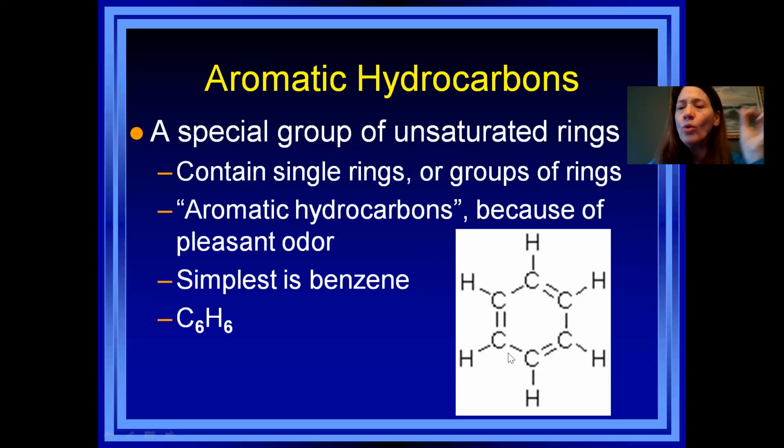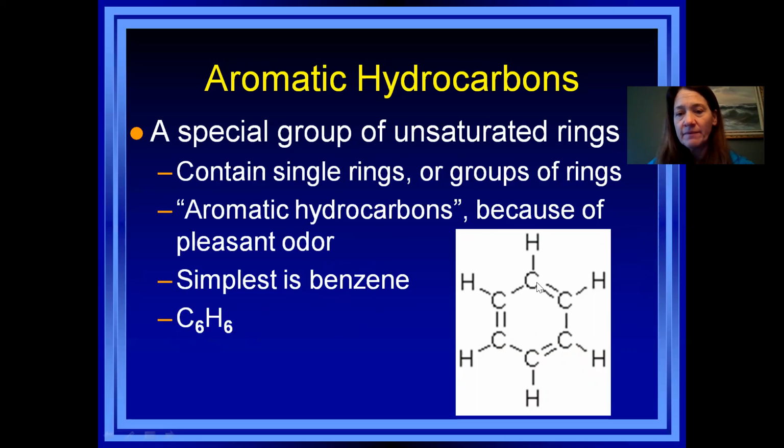This is the only aromatic hydrocarbon that you are responsible for, benzene. Technically, it's called cyclohexene, but we don't call it cyclohexene, we call it benzene, okay? So let's look, how do you draw this?